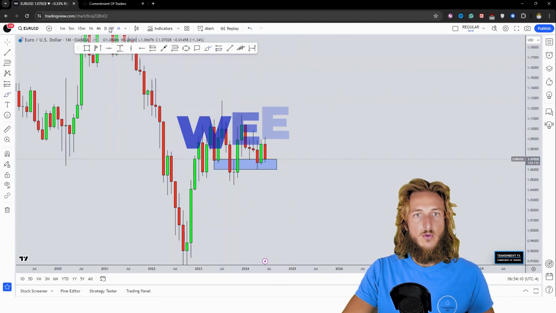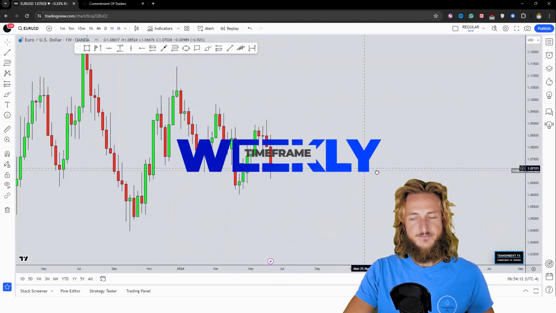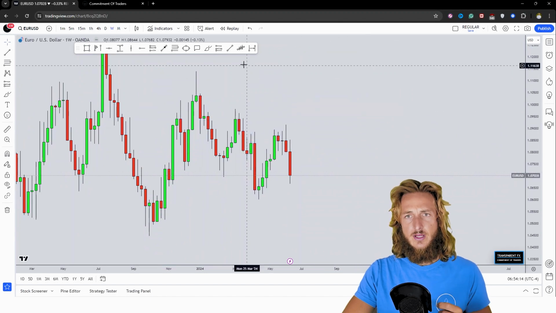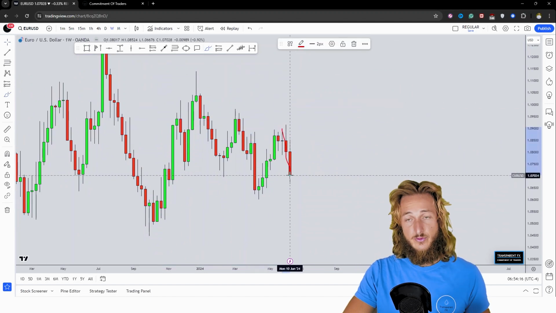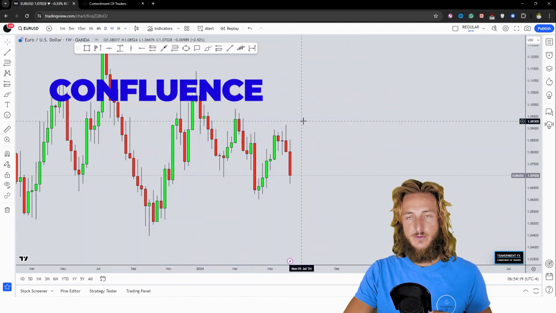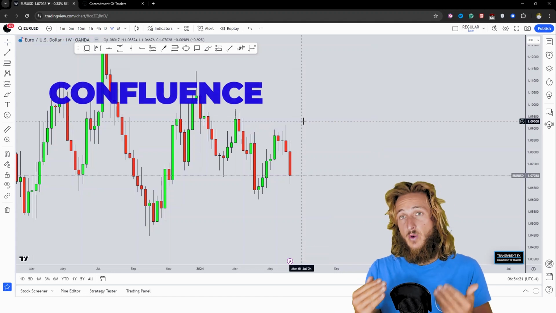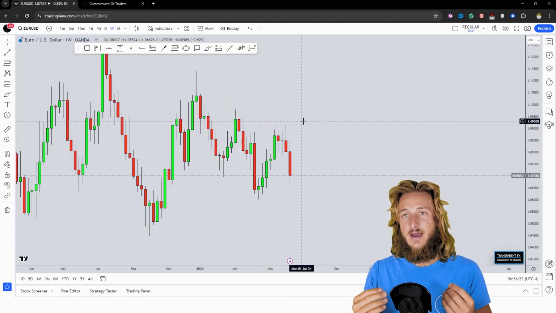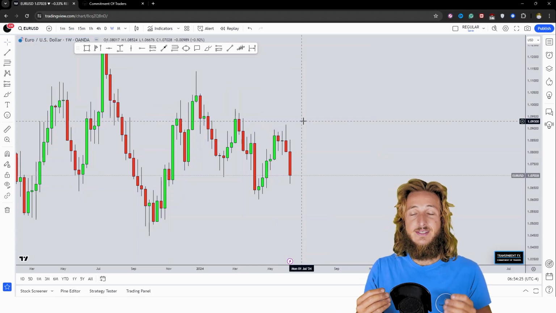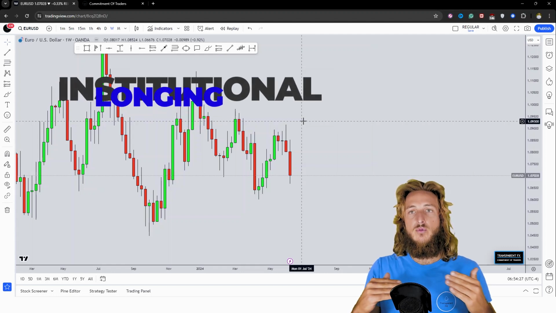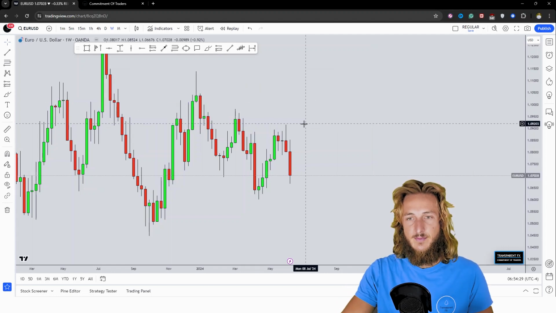Dropping down on the weekly time frame, what do we see? Now, here on the weekly, we can see that in creating this move to the downside, testing that confluence of support, which, by the way, when you have a confluence of support area, there is an increased probability of seeing institutional longing because you have multiple layers of support inside of the same area.